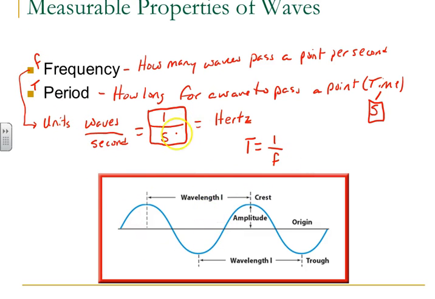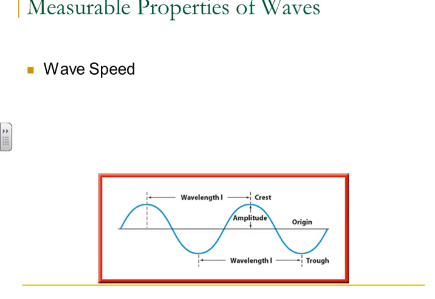Unit again, SI unit is the 1 over second or hertz unit. All right, then we have wave speed, another measurable property of waves.